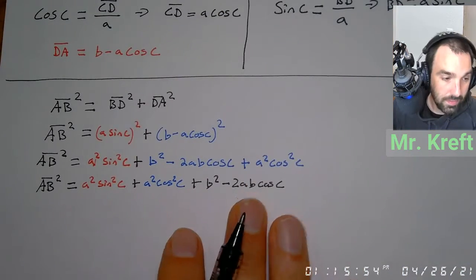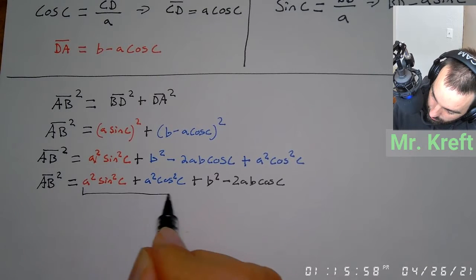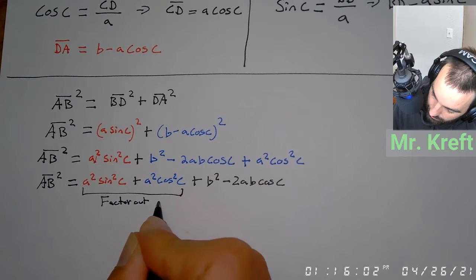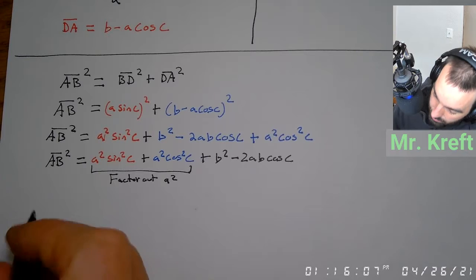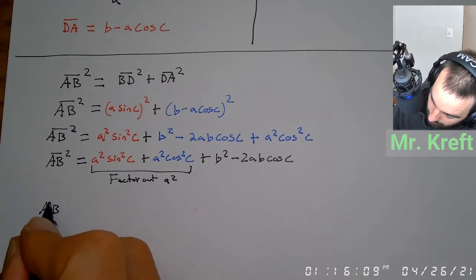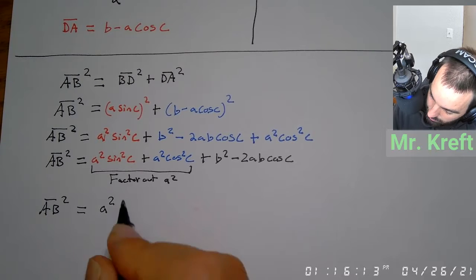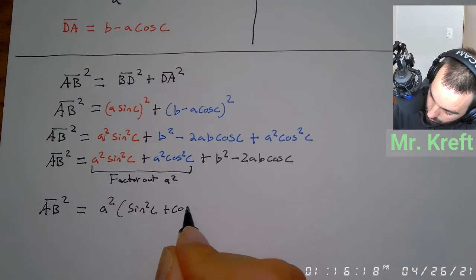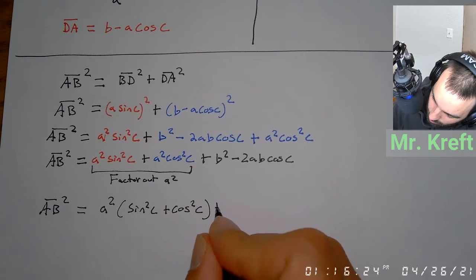Now, the reason why we did this is here we can factor out an A squared. So I'm going to have segment AB squared equals A squared times sine squared C plus cosine squared C. And I hope as soon as you see that, you're like, oh crap, right?